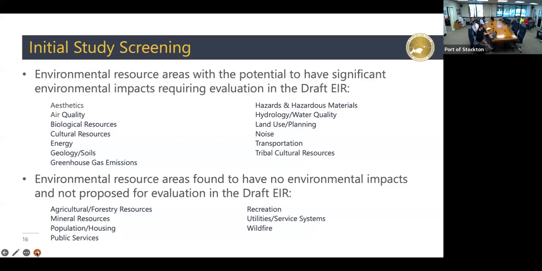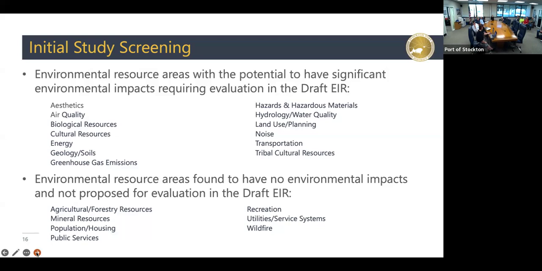As identified in the initial study, any environmental resource area that has the potential to result in a significant environmental impact will be fully analyzed in the draft EIR, including analysis of any feasible mitigation measures and their ability to reduce or eliminate potential impacts. For resources that have been determined to have no environmental impacts, the port's rationale is provided in the initial study.